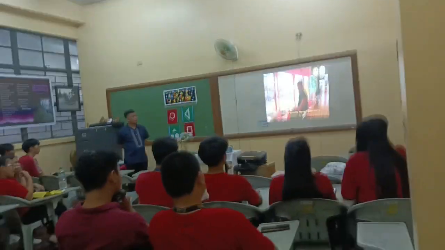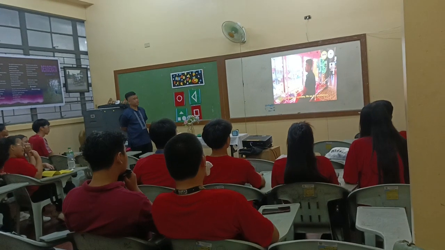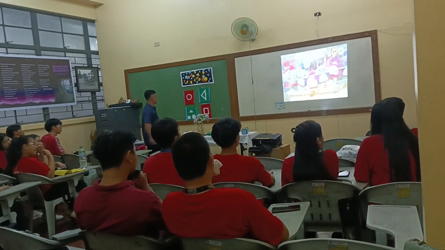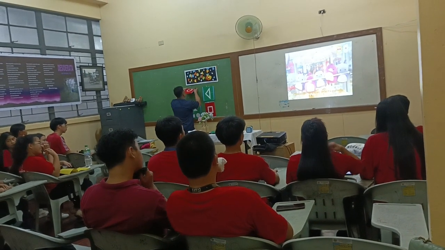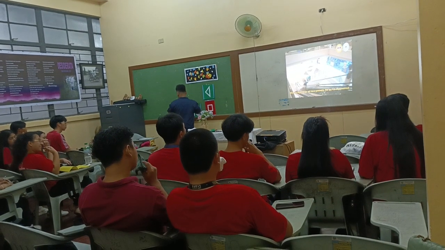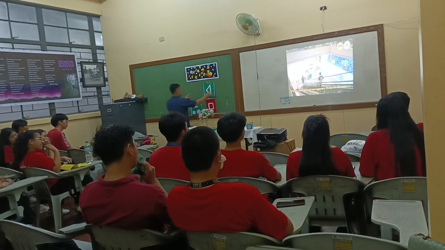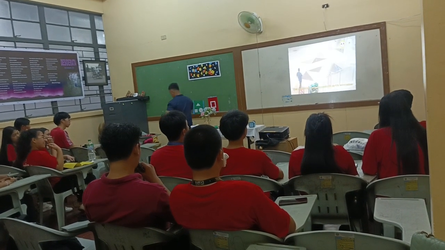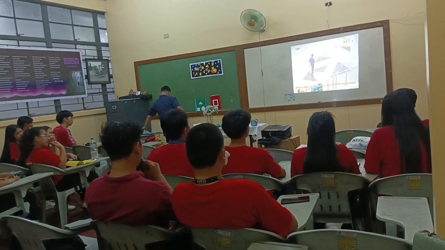When an object has symmetry, we say it is symmetrical. When an object does not have symmetry, we say it is asymmetrical.